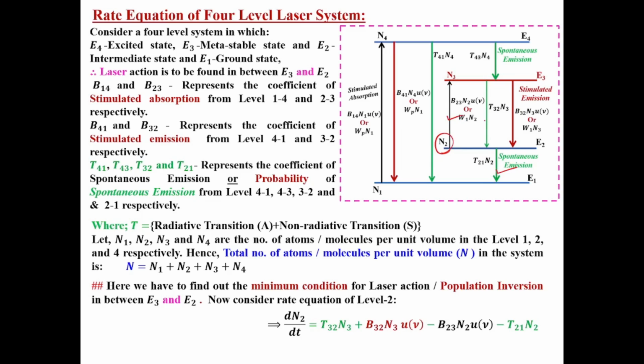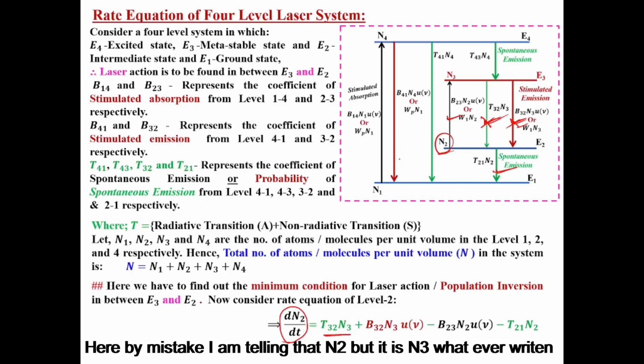However, N2 increases due to these two transitions. So due to these two transitions, as N2 increases, these will be considered as positive, but these two transitions will be considered as negative. Here you can see the rate of change of N2 is equal to T32 into N2. T32 N2 means this transition. This is your so-called spontaneous emission.